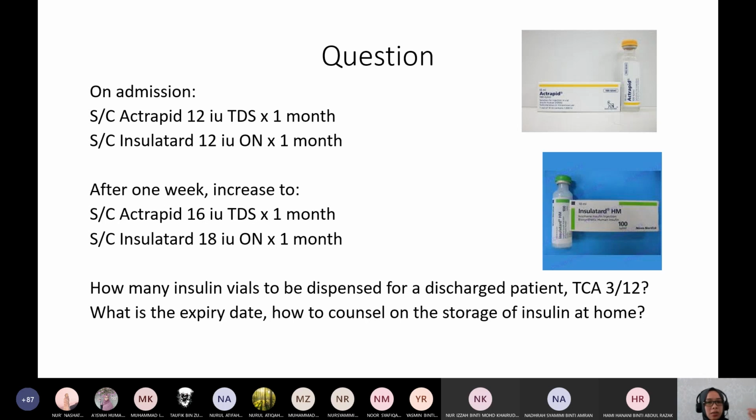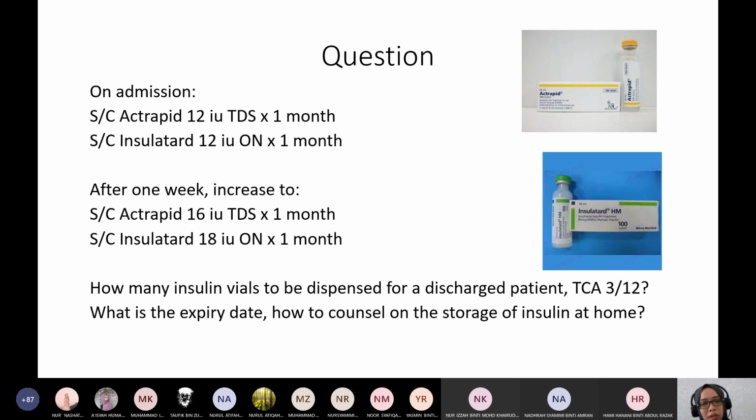Okay, so now let's go back to inpatient. Just now, the example of outpatient you already calculated. So now let's come back. After 1 week, you have supplied all the HPP and insulin. Then the patient is still there for this 1 week, then the dose is increased. The insulin dose is increased, 16 twice daily for 1 month, and then Insulatard.